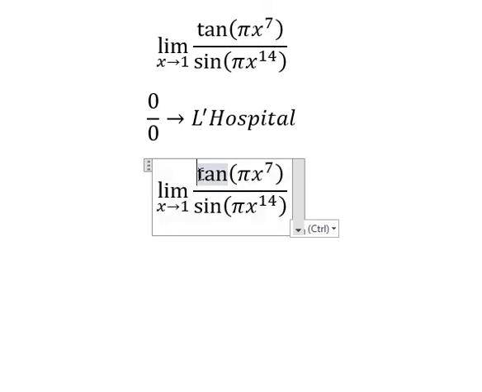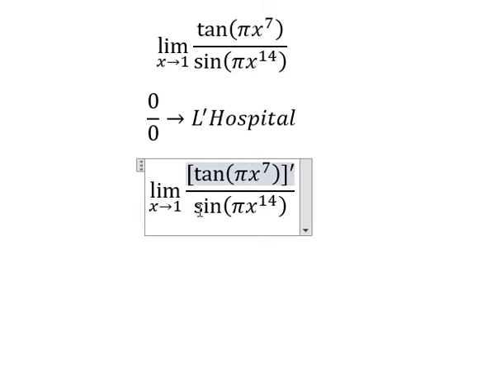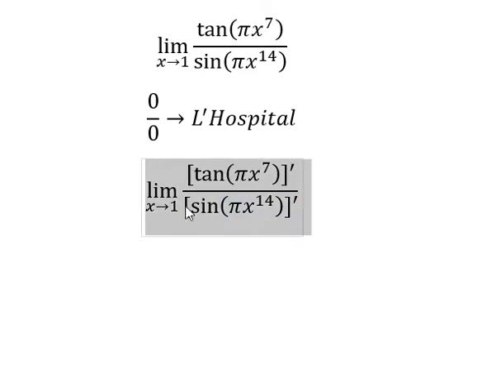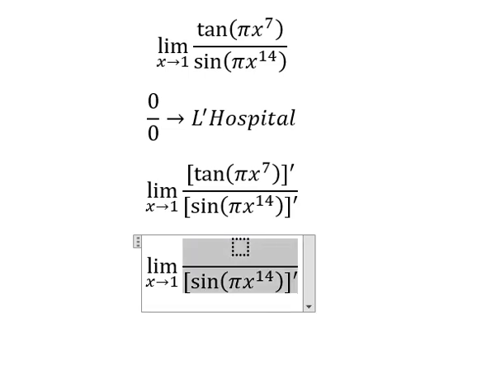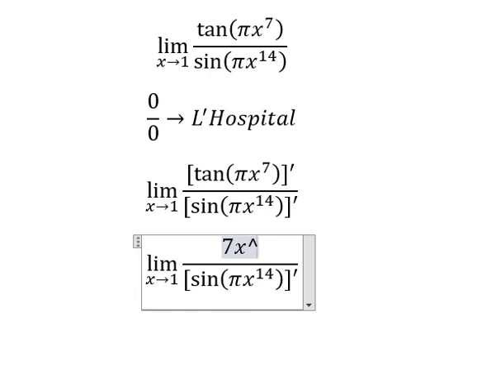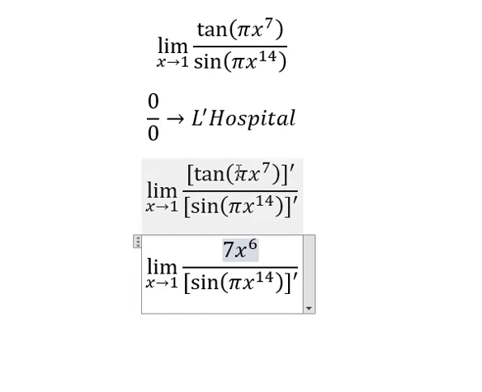That means we need to first take the derivative of the numerator and the denominator. So if we do first the derivative of this one, we will have like this. That should be 7x to the power of 6, and we have b.